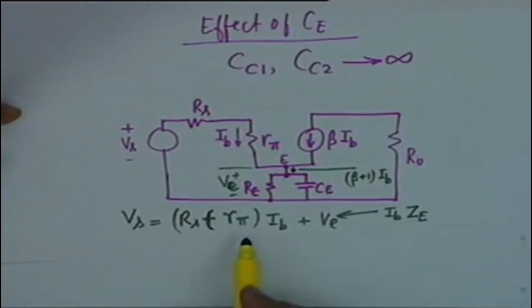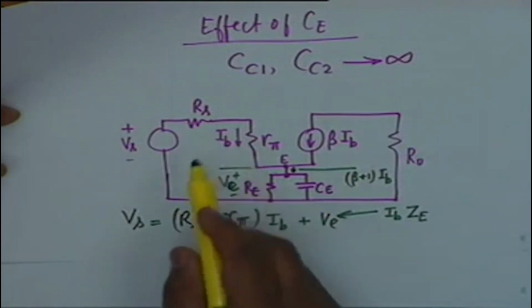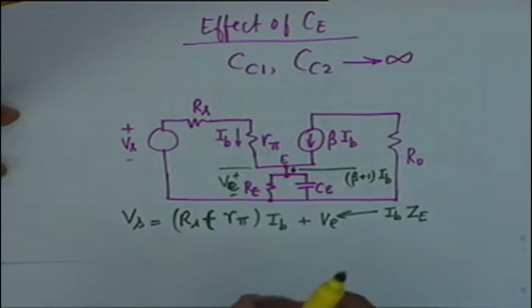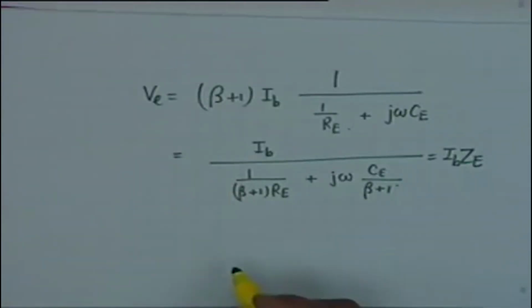And therefore my equivalent circuit as far as the input is concerned is simply a series combination of RS, R pi and ZE. What is ZE?